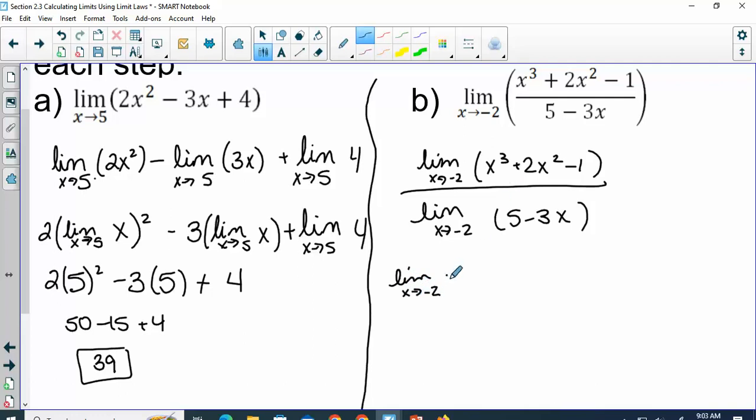So the x cubed, we could do the limit of x and then cube it. This would be a 2 times the limit as x approaches -2 of x, and then we would have to square it. Minus the limit as x approaches -2 of 1.